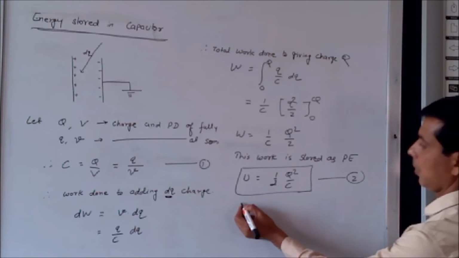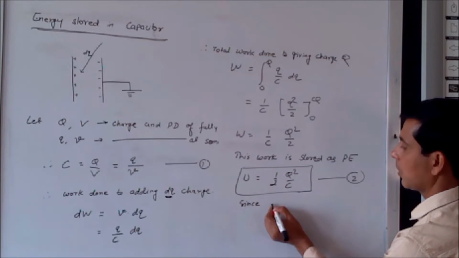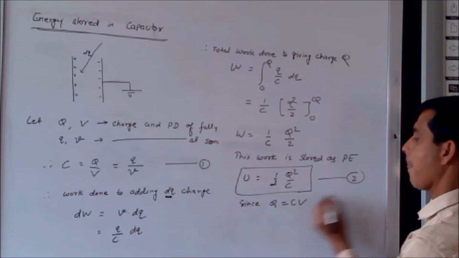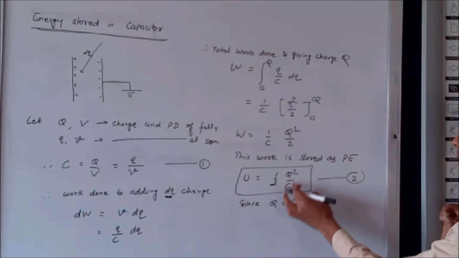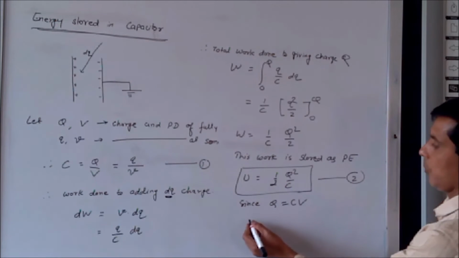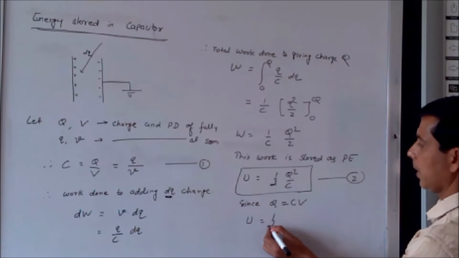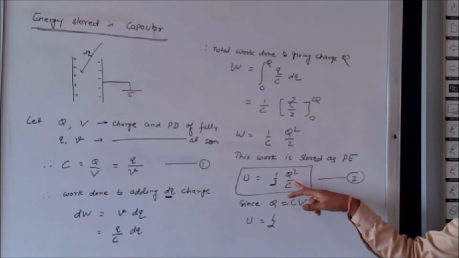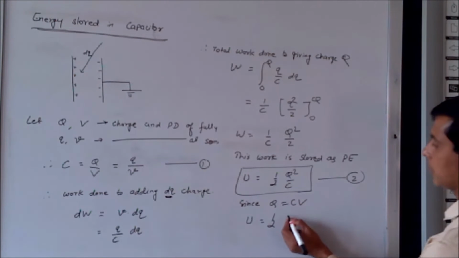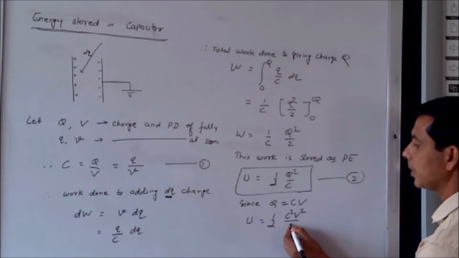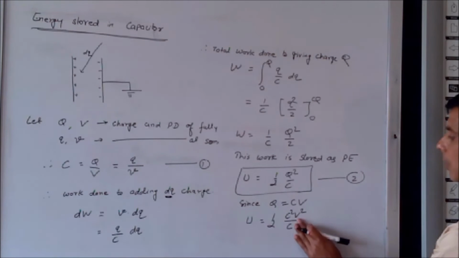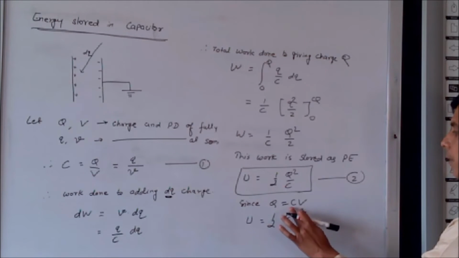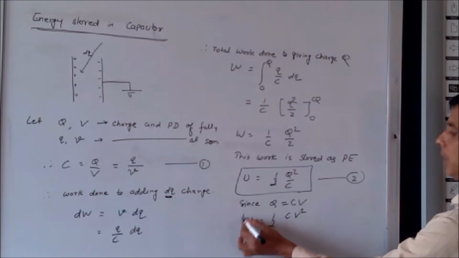Now, since Q equals CV, by putting the value of Q in equation number 2, we get U equal to 1 by 2 C square V square by C. Once C is cancelled out, we get 1 by 2 CV square.